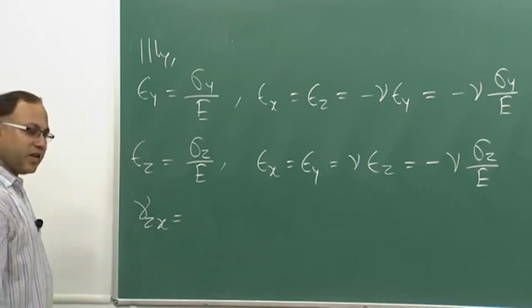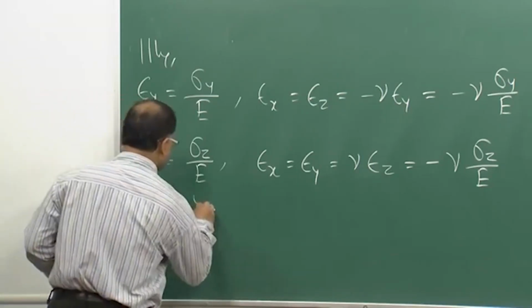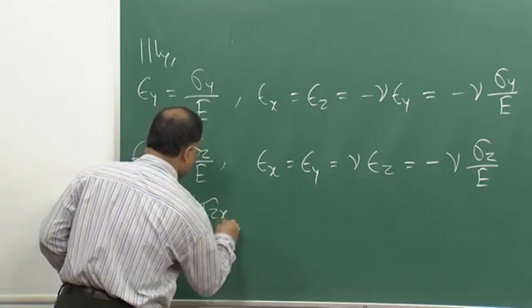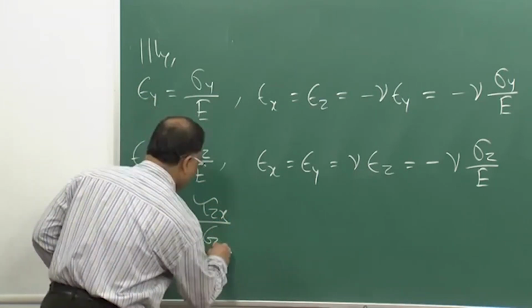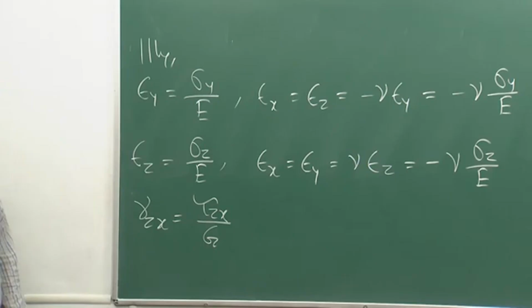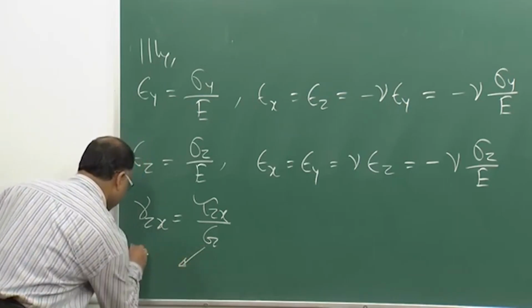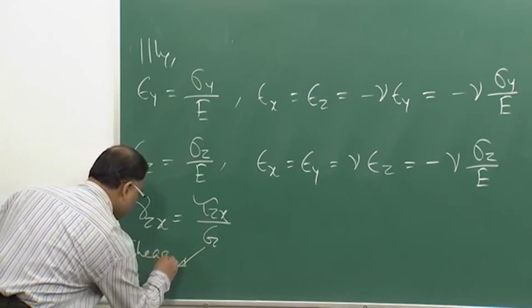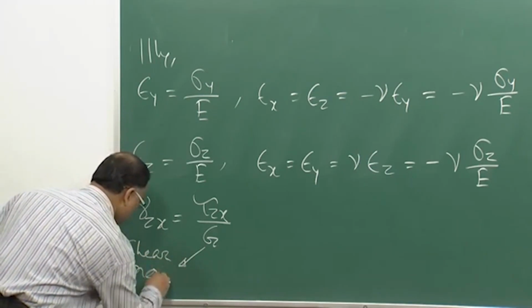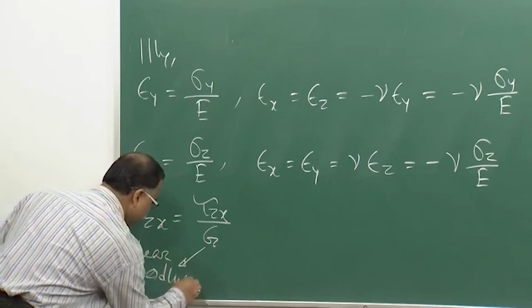This is the shear strain in zx plane that is caused by shear stress and one modulus, and that modulus is known as shear modulus. So, G is known as shear modulus.